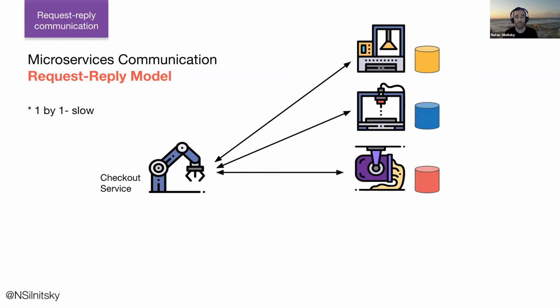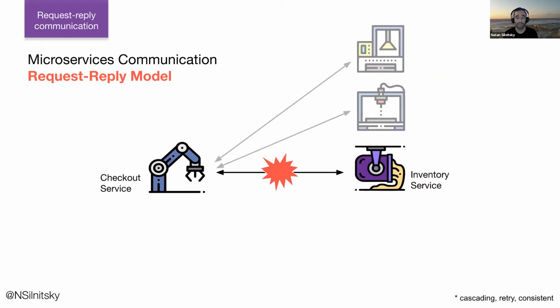Now, this request reply model can be quite slow because our databases are hidden behind the microservices' API, and if you need data from all of these different services, then you need to gather it one by one and then aggregate all the information. So that can be quite slow.